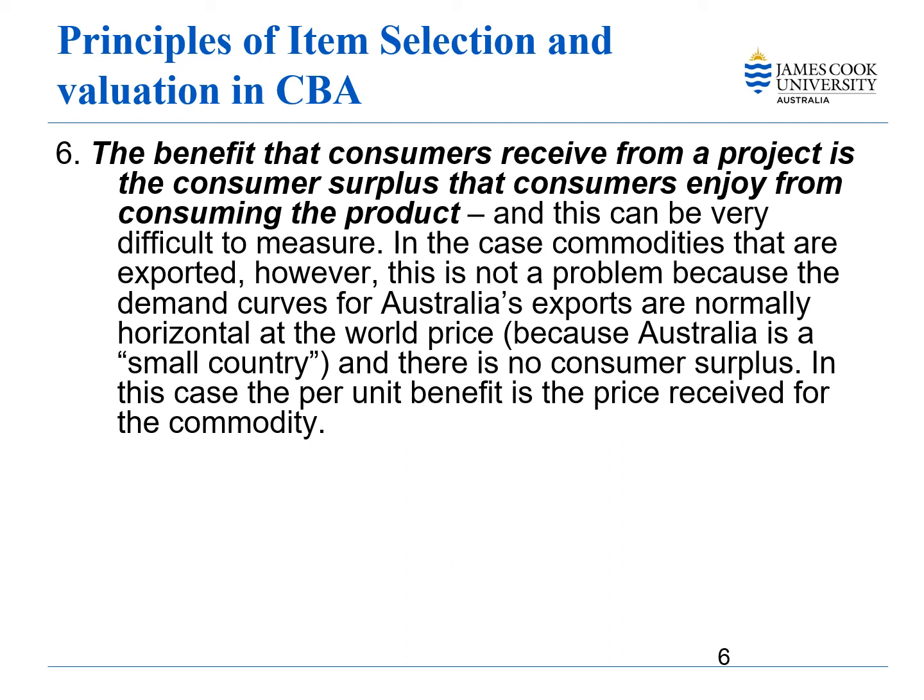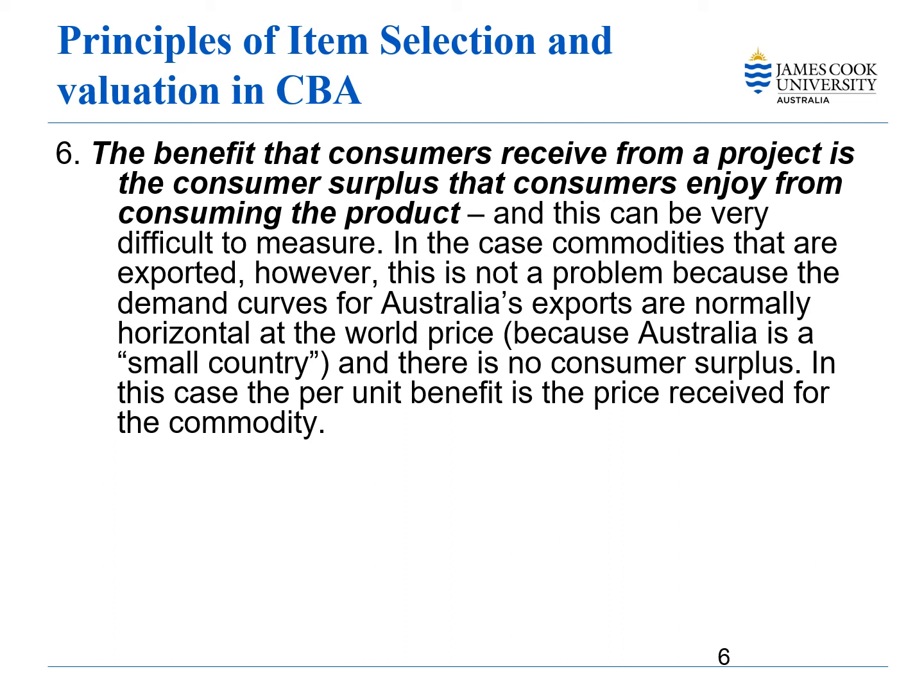Suppose I'm going to evaluate a hydroelectric dam project, and one item of benefits is the electricity generated by this project. Conceptually and in principle, the dollar value of this electricity should be consumers' willingness to pay for the electricity generated by the project.